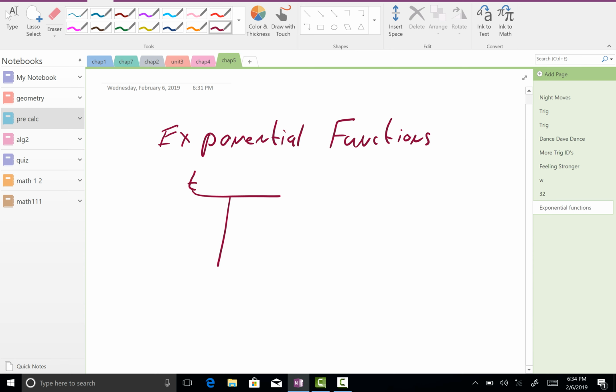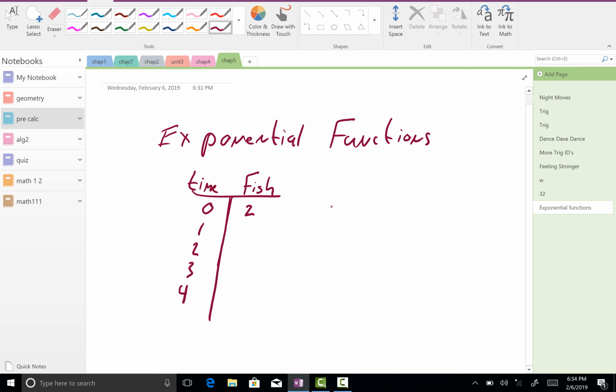So we'll put time here, and we'll do fish. Like fish in a pond. If we start out with a certain population of fish, let's say 2, and then they reproduce and we get more.